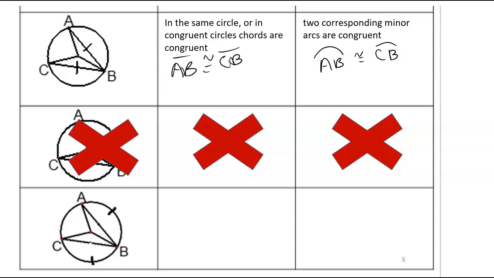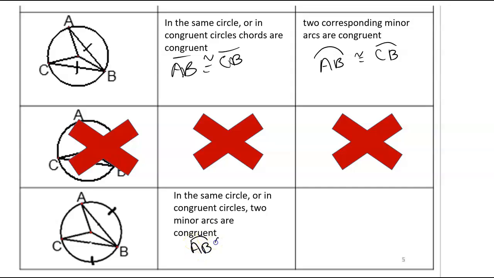All right. For our final one of this page, what I have is kind of the reverse of what was in the first one here. In this circle, the curved regions are marked congruent. So if you were at A and you traveled the curved path to B, you would find that if you also started at C and traveled to B along the curved path, those were congruent.